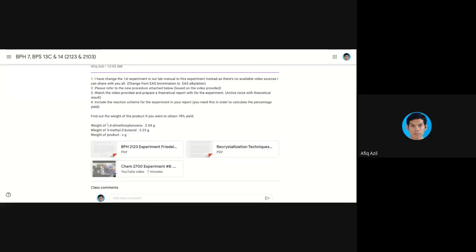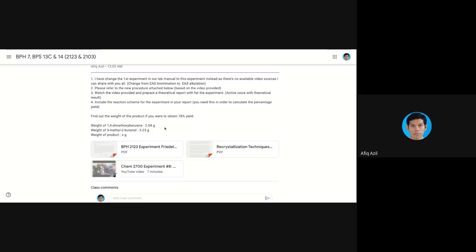So we have weight of the starting material, I have put as 2.04 gram, and weight of 3-methyl-2-butanol also has been given, 3.23 gram. But I do not give the weight of the product. Instead, find out the weight of the product if you were to obtain 78% yield. So this is like reverse calculation. Instead of finding the percentage yield, I want you to find out what is the weight of the product that you should get if the yield is supposed to be 78%.